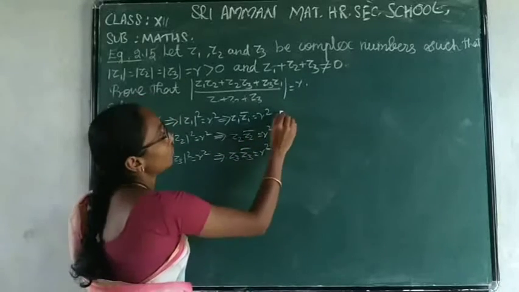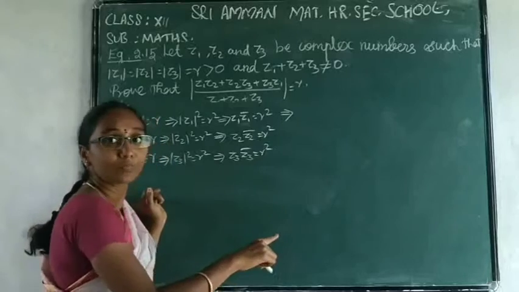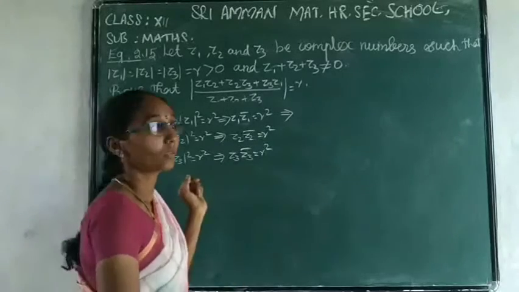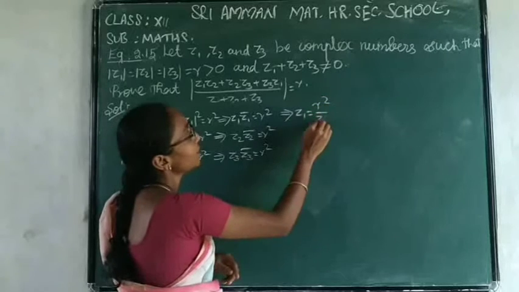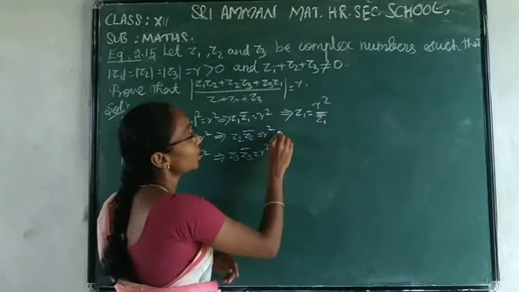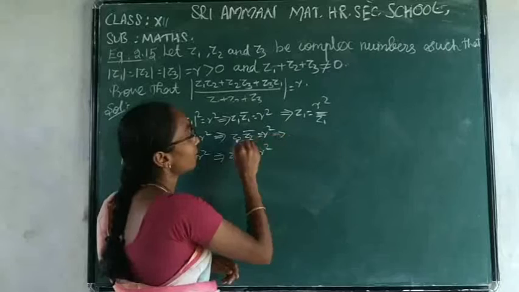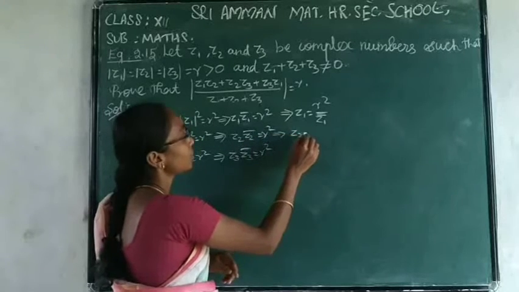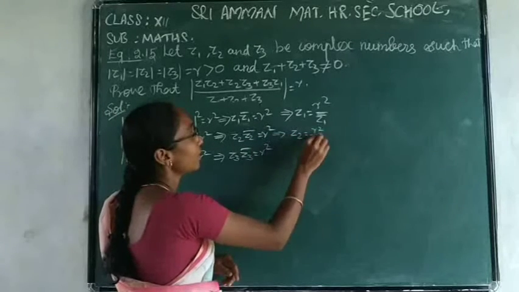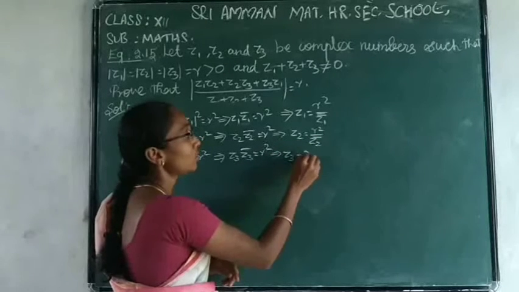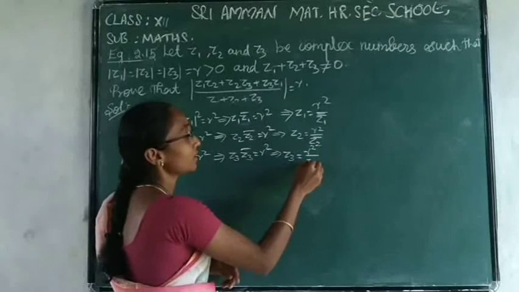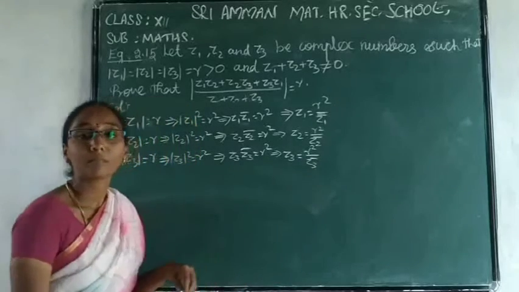Listen carefully. z1 equal to r square divided by z1 bar. This is very important. Which implies z2 equal to r square divided by z2 bar, which implies z3 equal to r square divided by z3 bar.